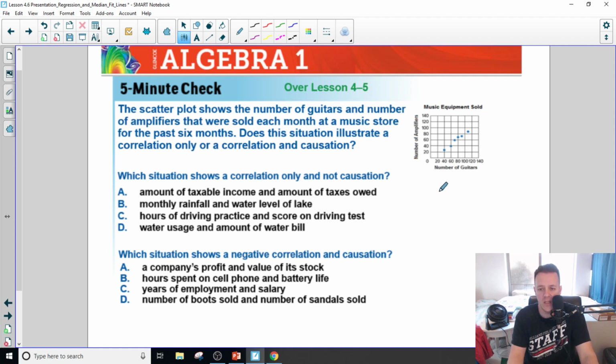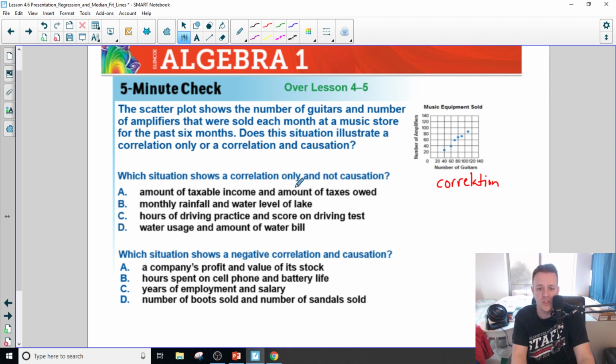So in actuality, this is just a correlation only, because nothing here on this table is going to tell you exactly what helps with anything else. If I saw a 1-to-1 ratio, then I might think that every time somebody bought a guitar, they bought an amp, but that's not the case. It looks like all the numbers are different each time. It wasn't necessarily 1-to-1, so that's the kind of situation you want to look at. Just use a little bit of common sense when you're looking at these.